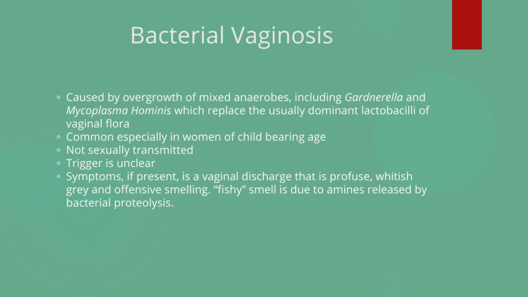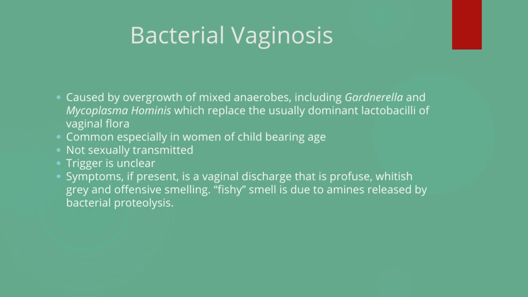You just have to understand that the normal vaginal flora is affected, and instead of lactobacilli dominating it, it's primarily these two bugs. Now this is particularly common in women of childbearing age. It is not sexually transmitted.